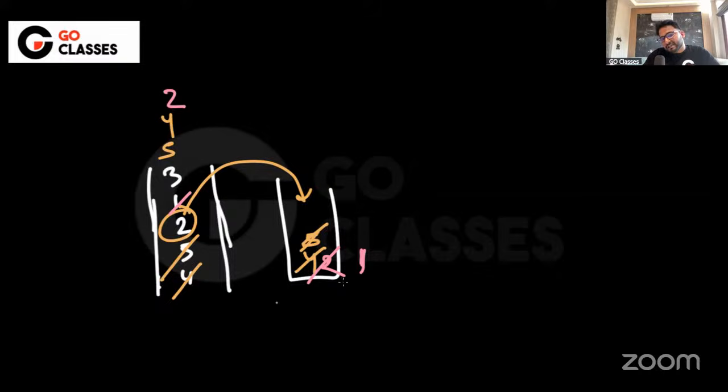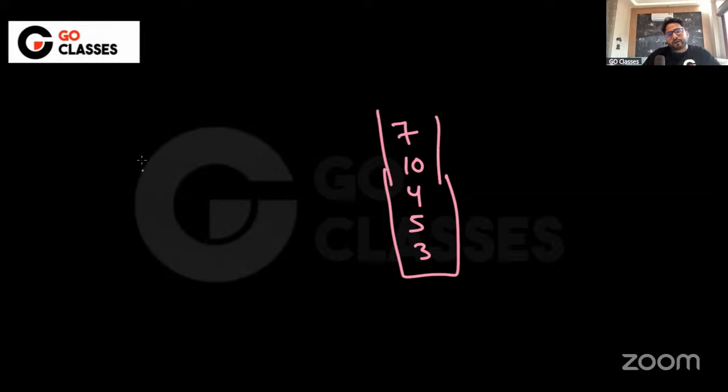Basically, once 1 is here, no one can pop out this 1. Why? Because this is the minimum element. In other words, suppose the stack is currently containing 3, 5, 4, 10, 7, anything. Suppose the queue is having 1, 9, 7, 6, something like this.